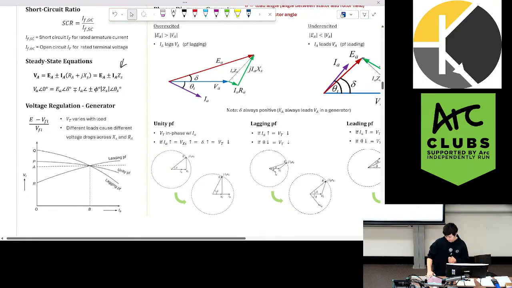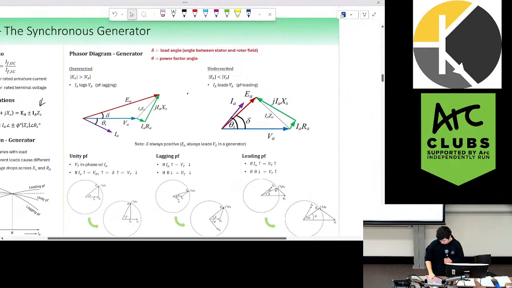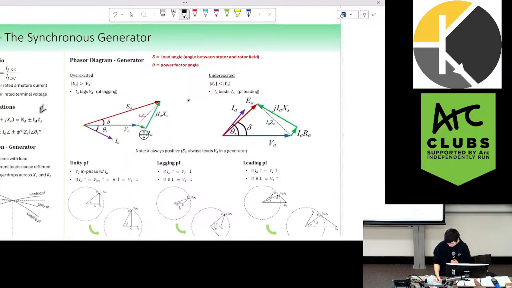Voltage regulation as per usual, considering full loads, and we have the phasor diagrams. These phasor diagrams assist us in talking about where the excitation is with respect to the terminal voltage.